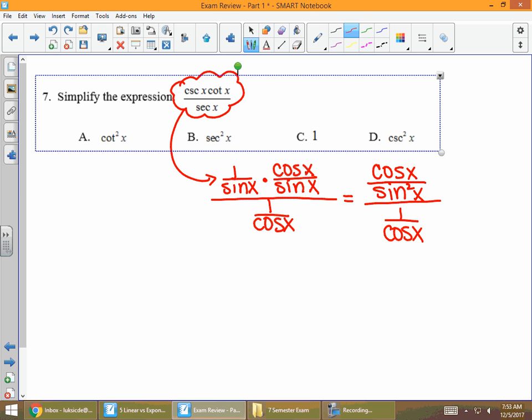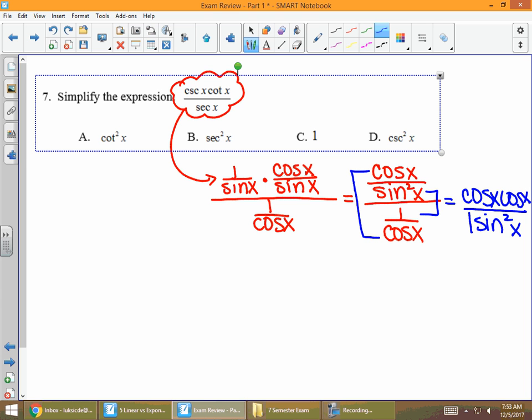And here you can either group, meaning do your complex fraction like this, or you can flip the second and multiply. If you're grouping, your next step just looks like this. Cosine times cosine over 1 times sine squared.